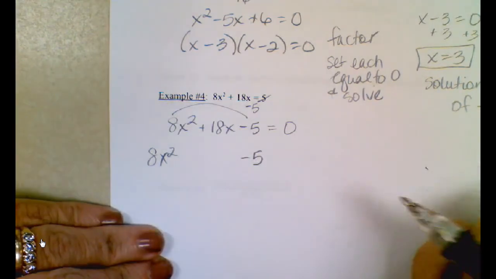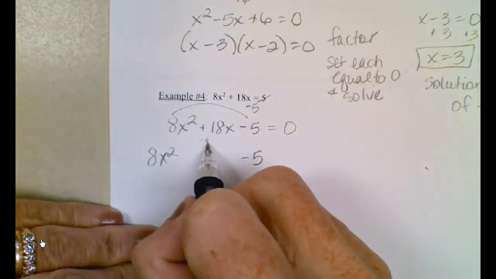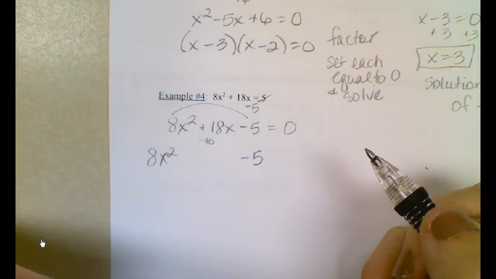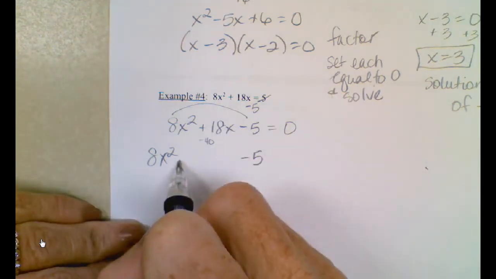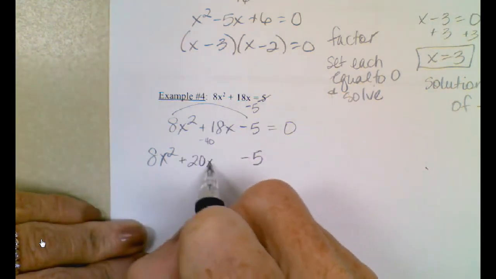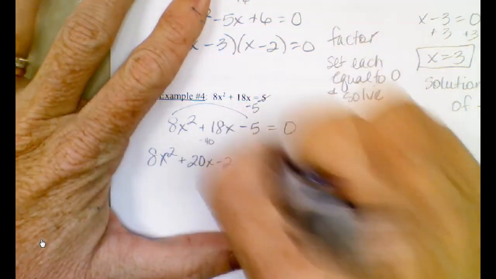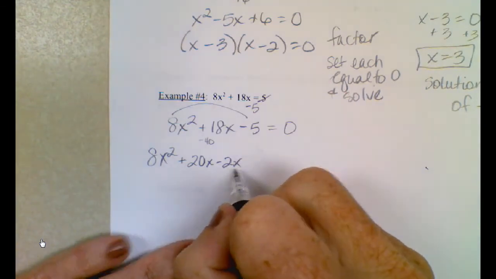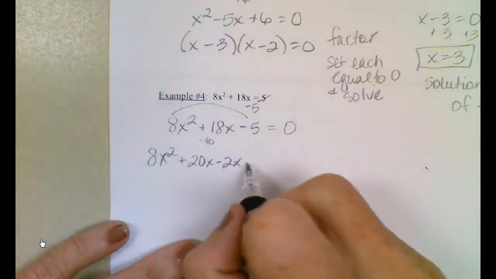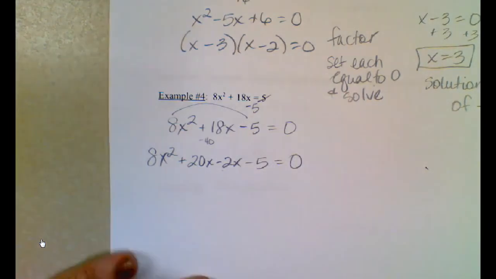My AC value is negative 40, so I've got to get something that multiplies to negative 40 that adds up to 18. So I've got 20x minus 2x. So that should work out, because 20 minus 2 is 18, and 20 times negative 2 is negative 40, which is my AC value. So I should be okay.